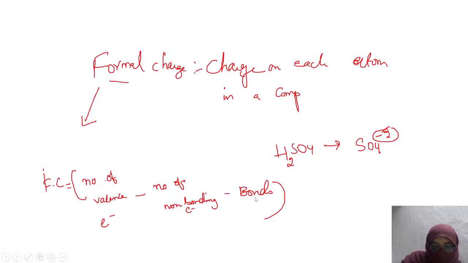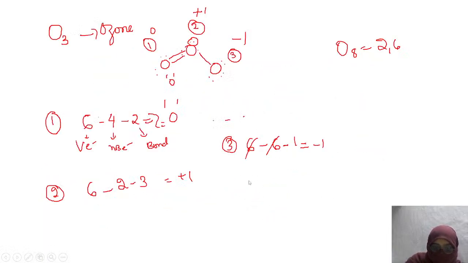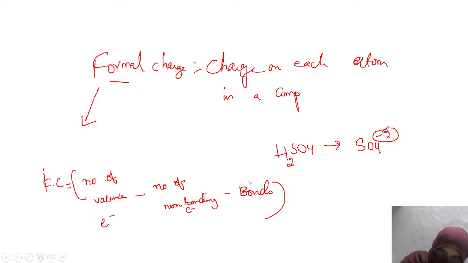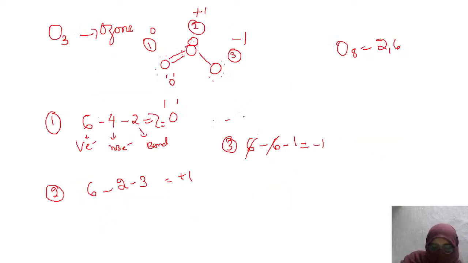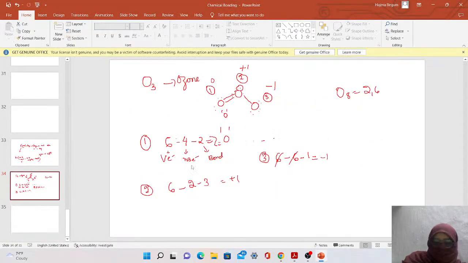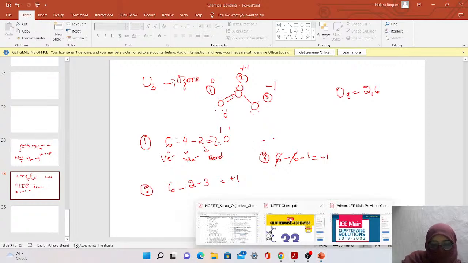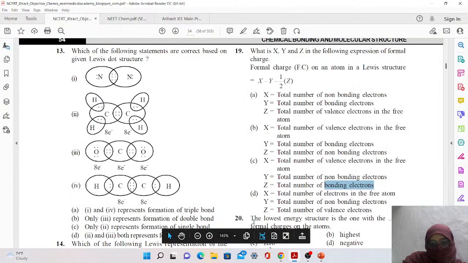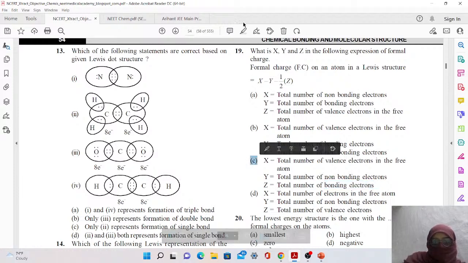So instead of saying bonds, they are saying you can even write bonding electrons by 2. How many bonding electrons are here? 4, right? 4 by 2 is 2 only. So there are two ways they are writing, but understand the concept, that's all. You can write it any way. That means C is going to be the right answer for this.